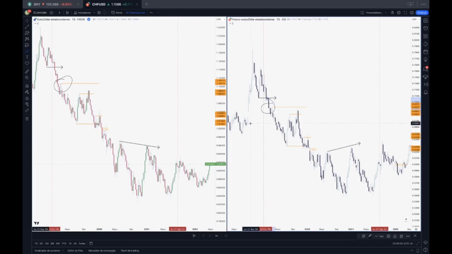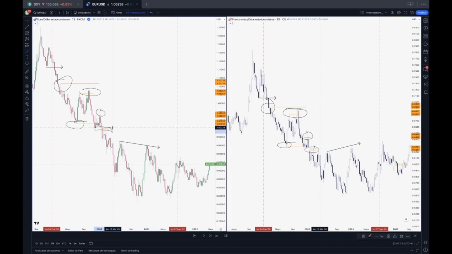We can also see that when the buy side was taken, it also happened in the other pair. We have also seen the sell side liquidity taken at the same time, and buy side again taken. Also very interesting, when we have a liquidity void on the CHF/USD right here, and it was taken again, recalibrated, we can see that the same fair value gap was made on the EUR/USD.